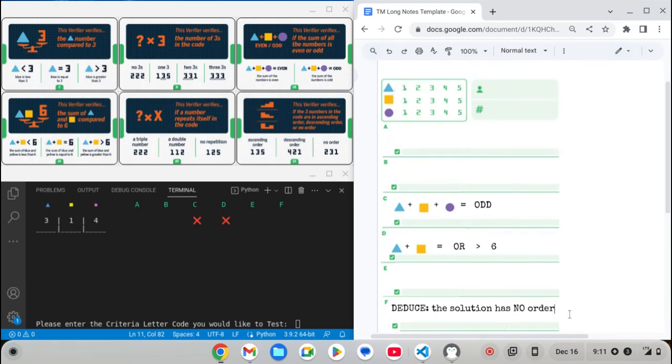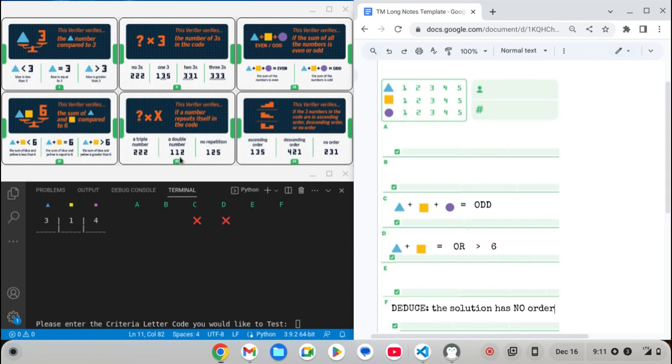And we can make a similar argument in that if you have a triple number, that exhibits no order because there is no change, at least in this example, from 2 to 2 to 2. It neither increases nor decreases. At the top of the video, when I was describing criteria card F, I did mention consecutive equal digits exhibiting no order, because again, there is no increase or decrease, at least in this example, from 1 to 1.